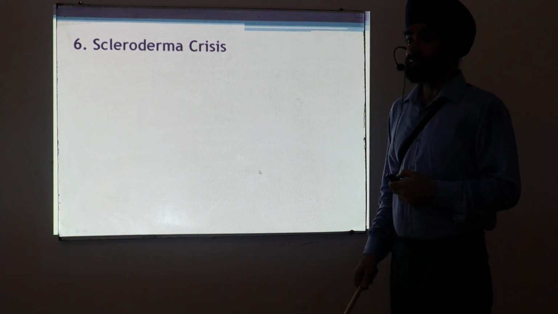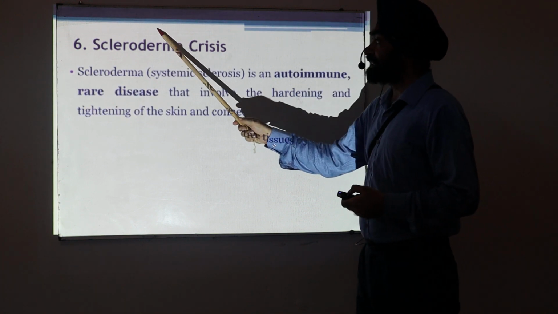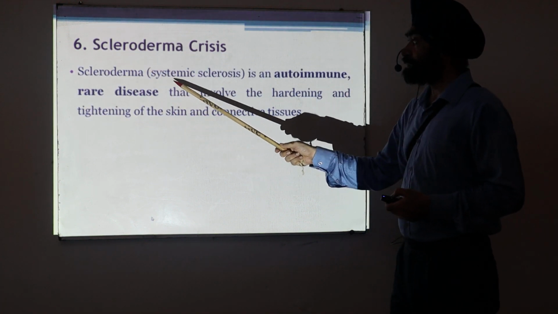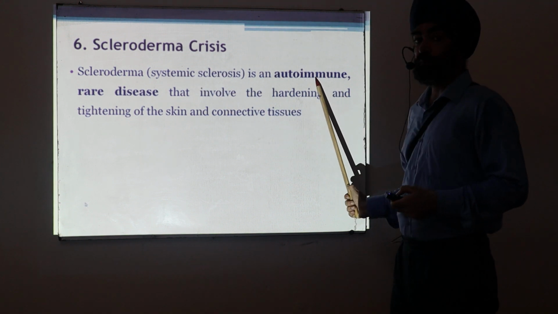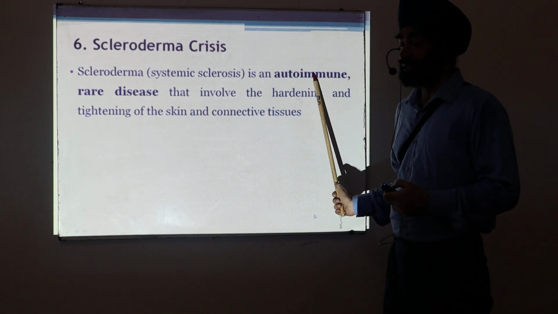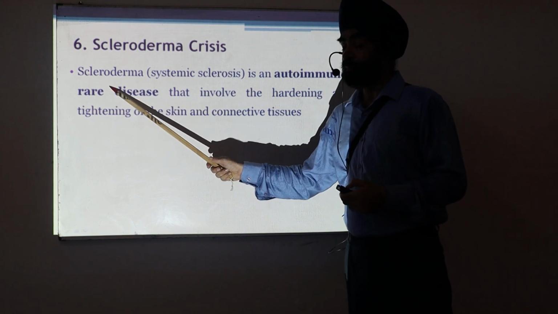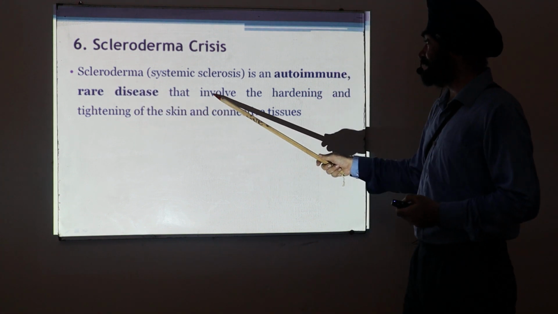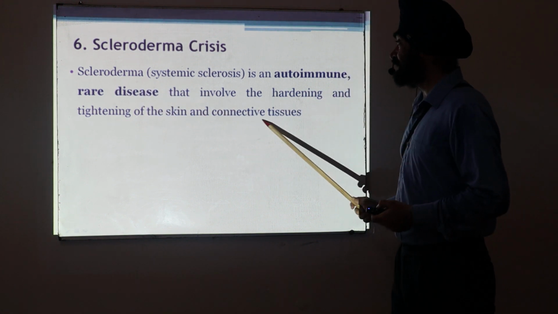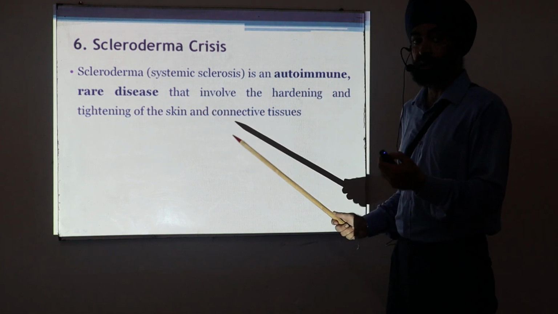The last use that I am discussing with you is scleroderma crisis. Scleroderma, also called systemic sclerosis, is an autoimmune disorder, mostly occurring in females, but not very common. It is a rare disease. There are many things in scleroderma, but I am telling just one point: there is hardening, thickening and tightening of skin and connective tissue. They become very hard.